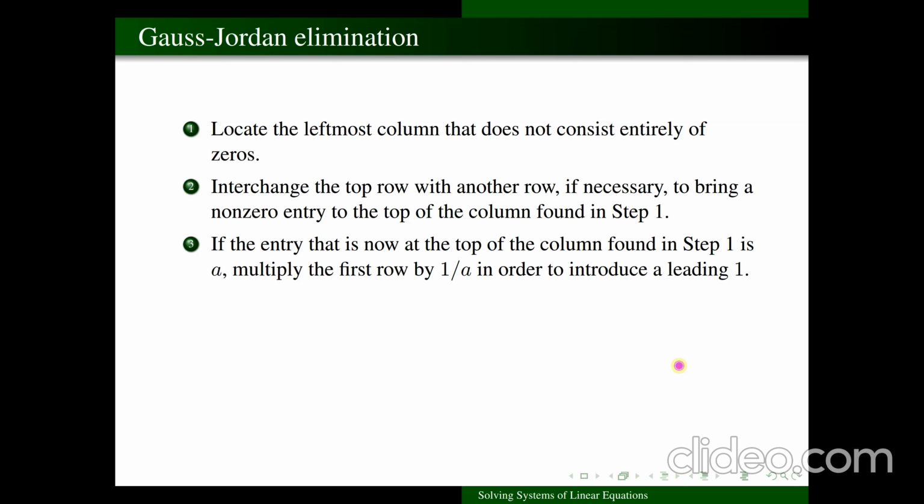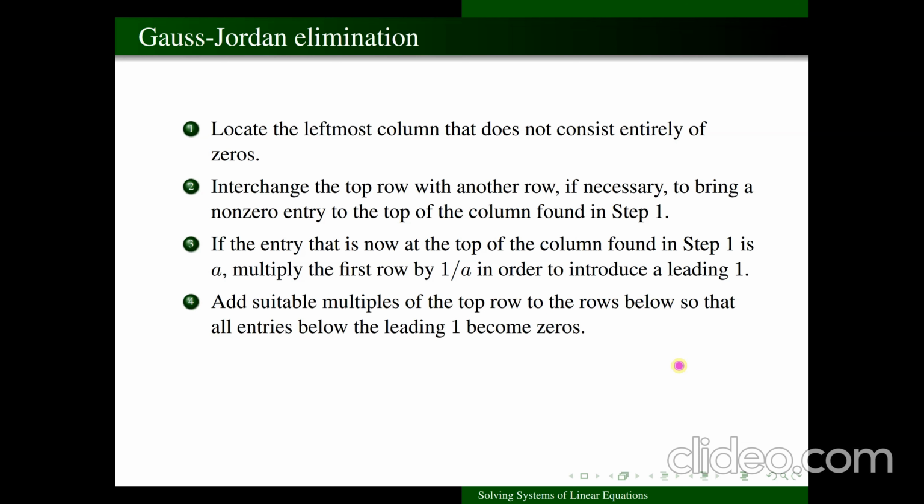Then if the entry that is now at the top of the column found in step 1 is A, we make that entry a leading one by multiplying the first row by 1 over A. Then we use the top row to make the entries below it zeros.